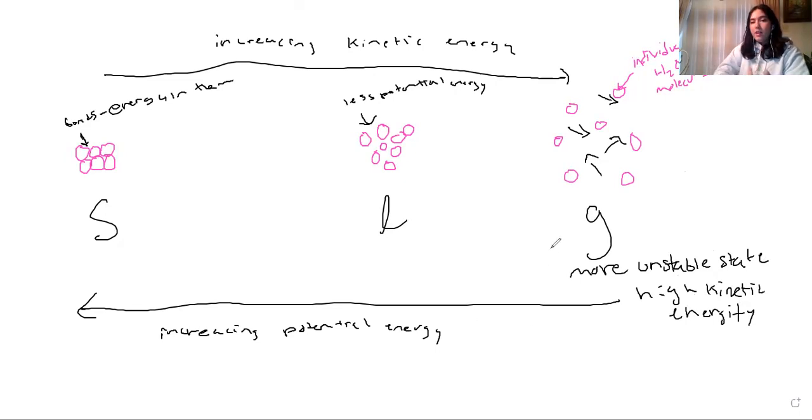So if we wanted our gas to go back to a liquid or go back to a solid, all we would have to do is increase our potential energy, and that would be by forming bonds. And this would be breaking bonds.